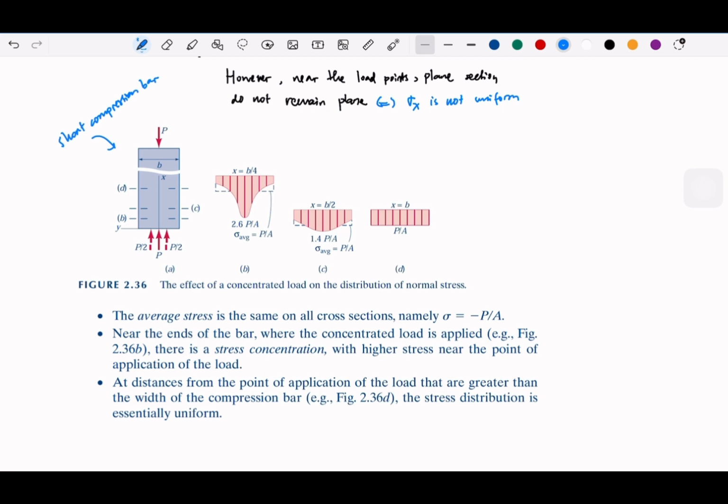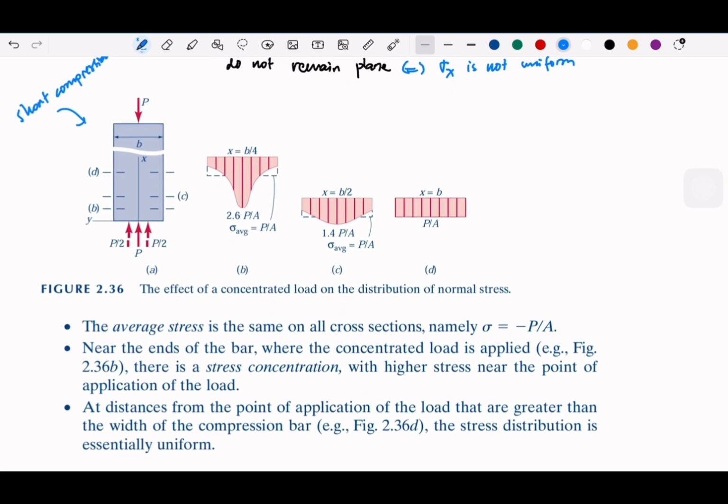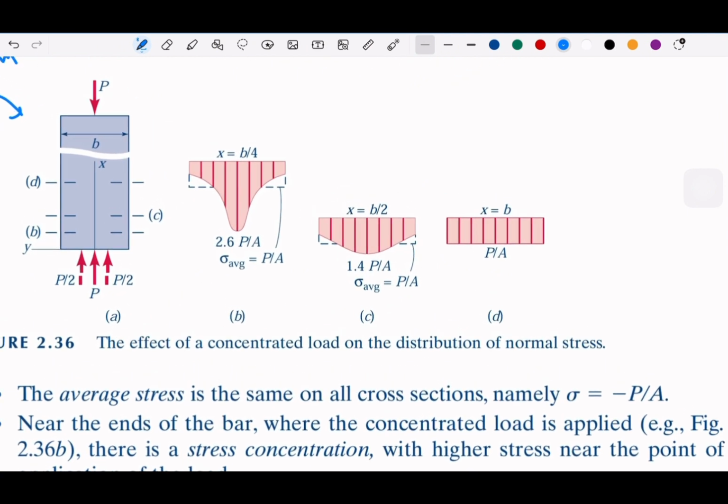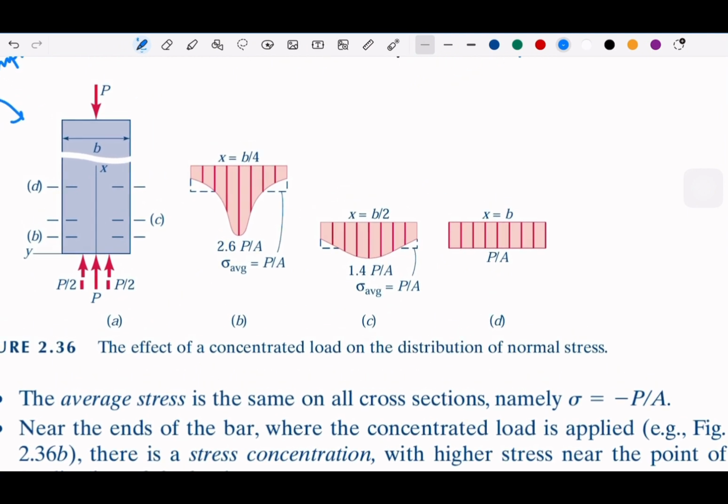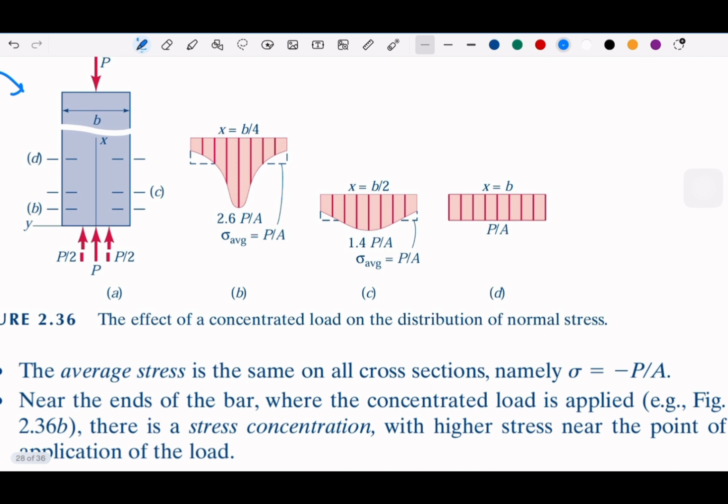And then near the ends of the bar, where the concentrated load is applied, especially if we could see figure B, there is a stress concentration with higher stresses near the point of application. So if you could see, there will be a different distribution, with some peak distributions on the image.